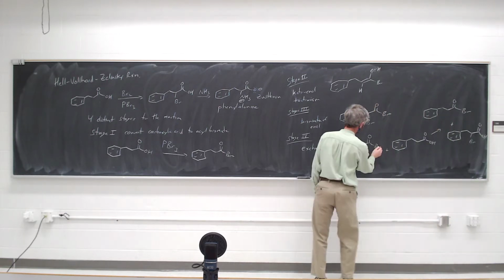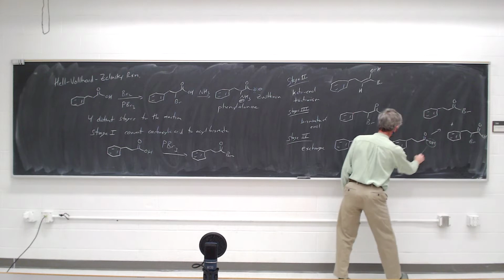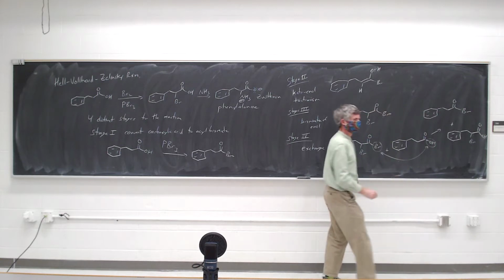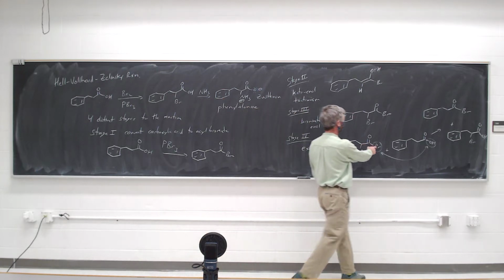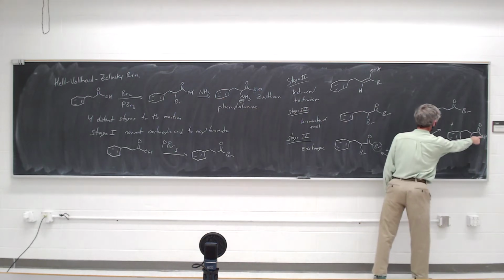So you're basically taking this bromine and that OH group and exchanging them. Right, so the bromide ends up over on this carbon and the OH ends up on that carbon.